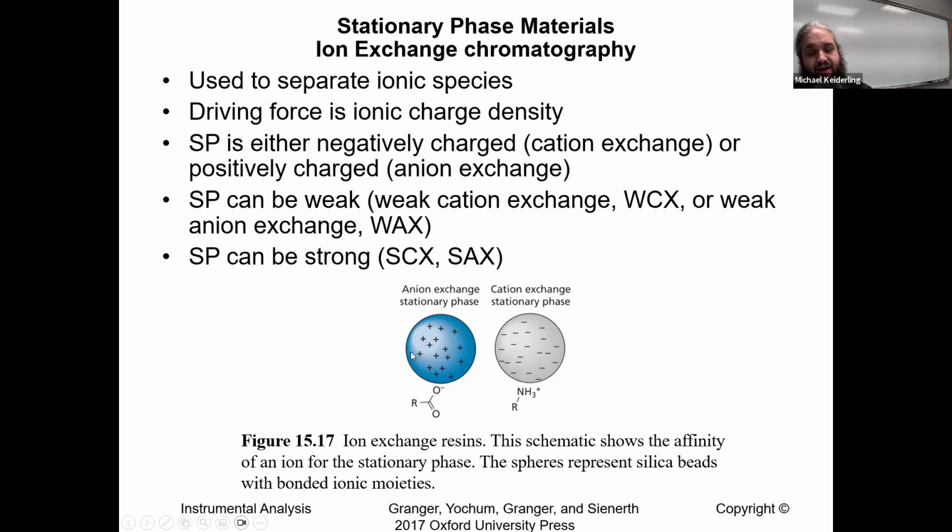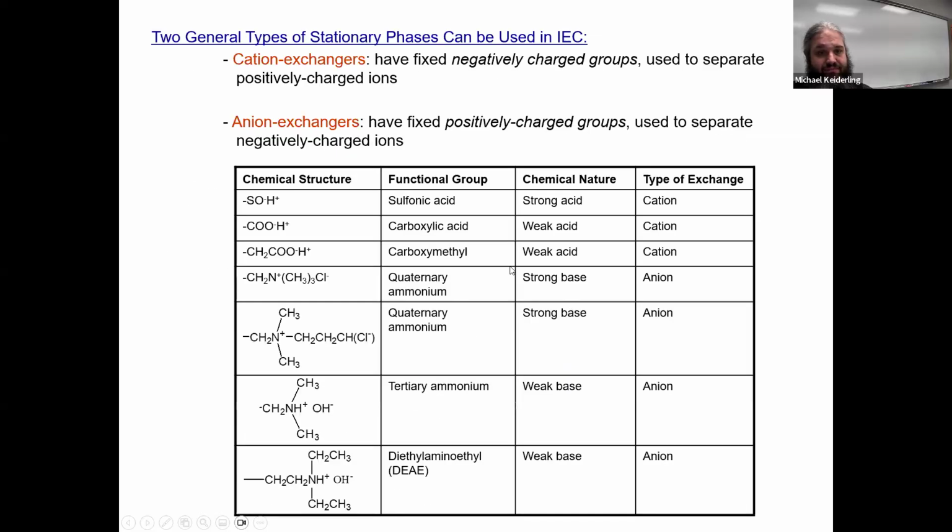Anion exchange stationary phase will attract negatively charged ions. Cation exchange stationary phase will attract positively charged ions. They're silica beads with bonded ionic moieties. Cation exchangers have fixed negatively charged groups used to separate positively charged ions.